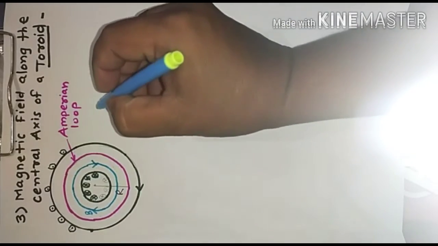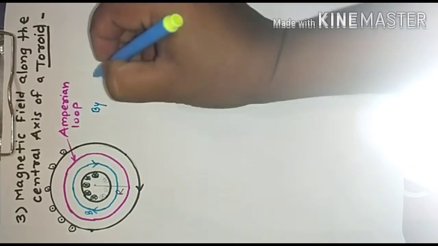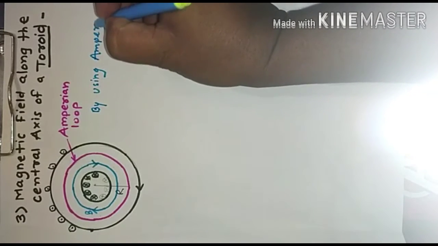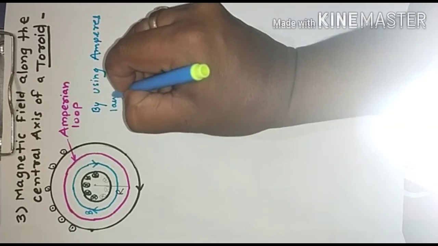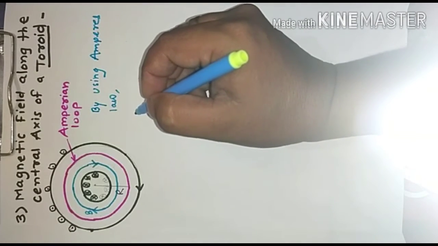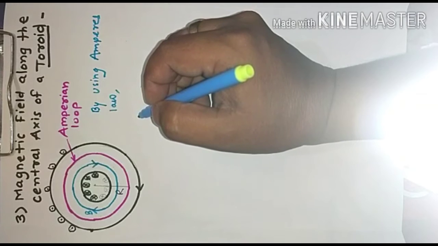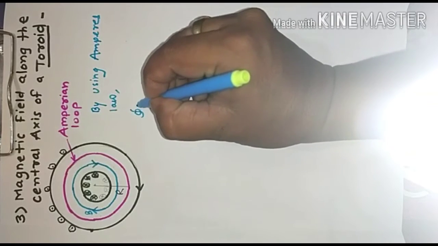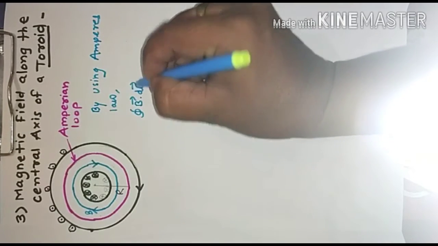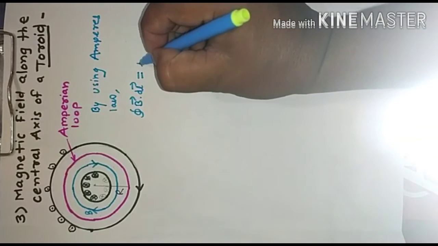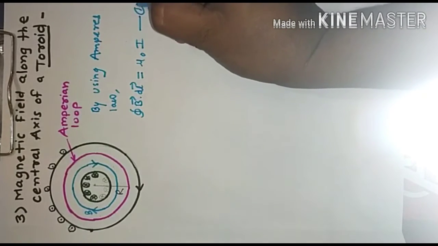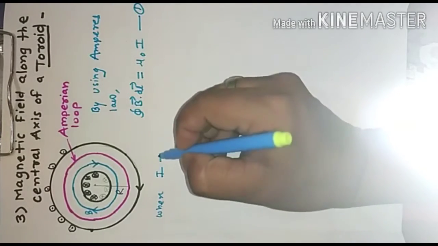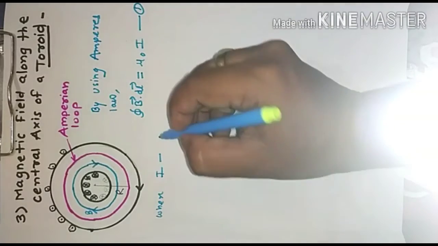Using the Ampere's law, the closed integration over vector B dot vector dl is equal to mu naught I. This is equation number 1, where I is the net current enclosed by the loop.